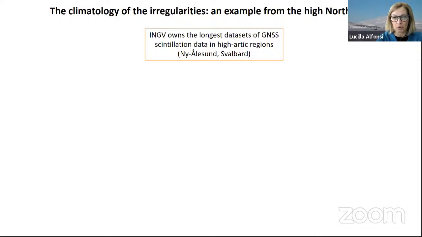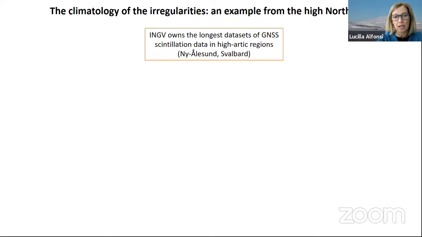This is an example of climatology of the irregularities. We have the fortune to own the longest data set of GNSS scintillation data ever collected in polar regions. In particular, they are collected in the high Arctic region, in the Svalbard archipelago at Ny-Ålesund, a village that is completely dedicated to science.